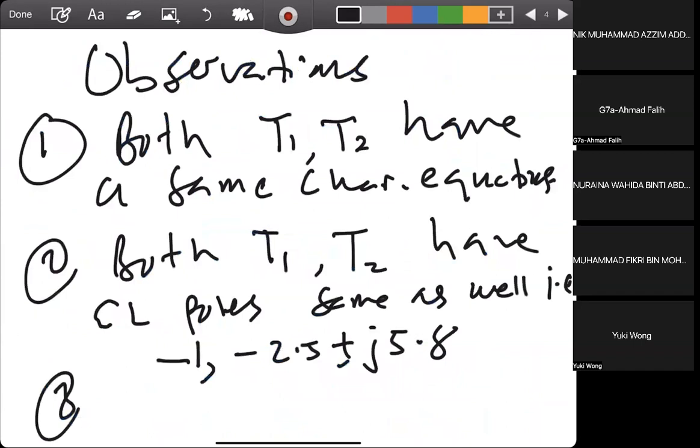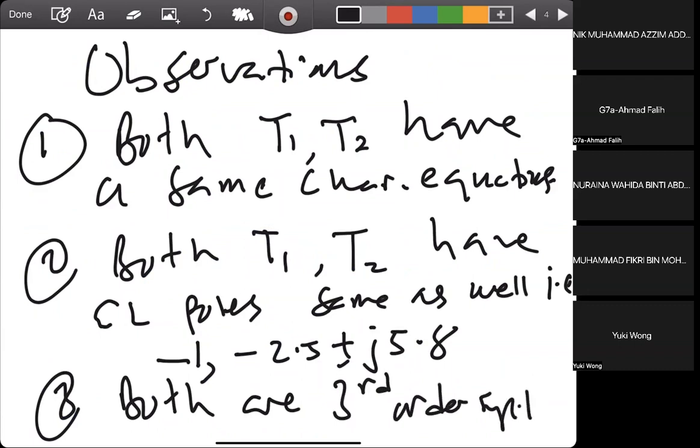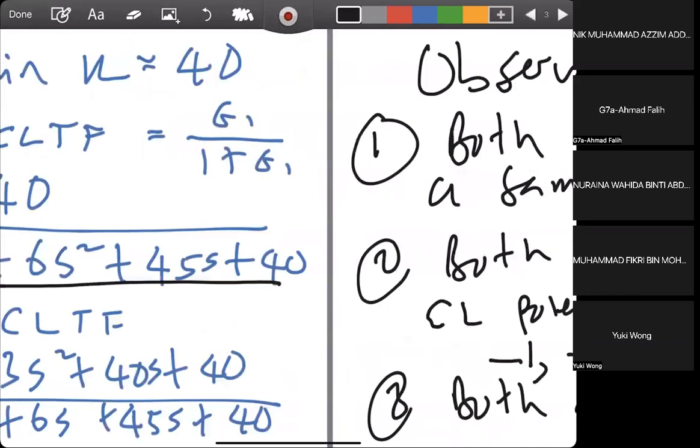Then number 3, agree? I think both have no gain. There is gain 40 there. So look at the order: both are third order systems, kan? And then what else?